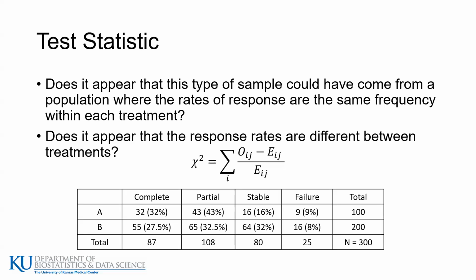To do this, we would calculate the chi-squared statistic, where we take the sum of the observed count, subtract the expected count, which is what we would expect to see under the null hypothesis, and then divide by that expected count. If we take the sum of this, that would give us our chi-squared test statistic.